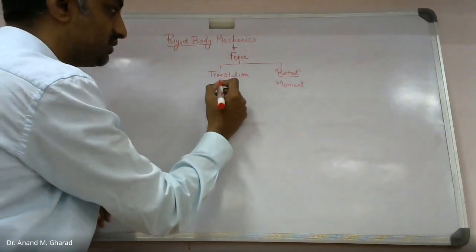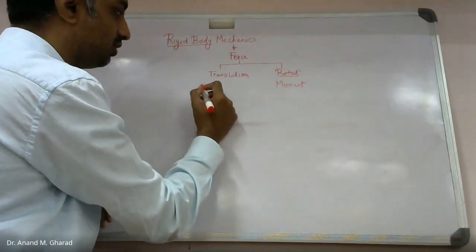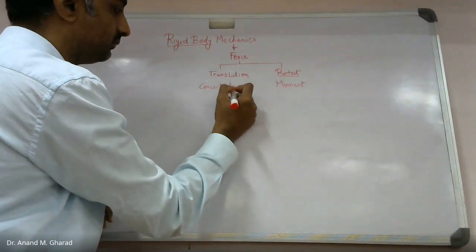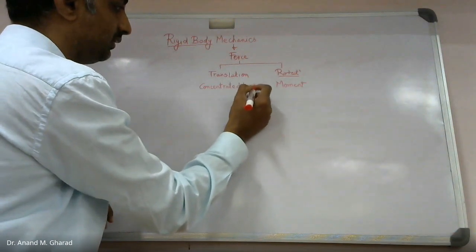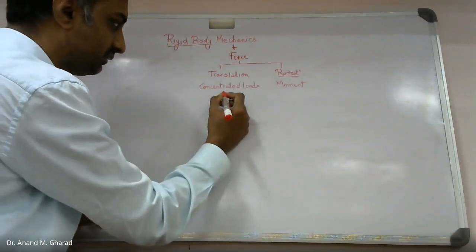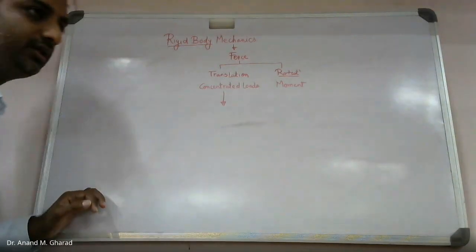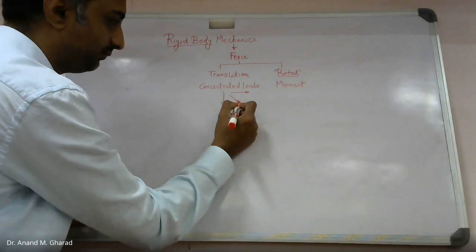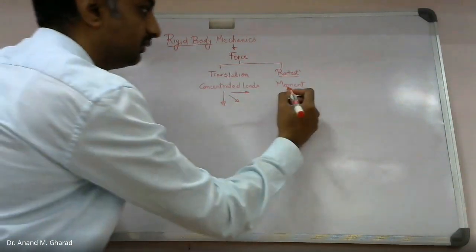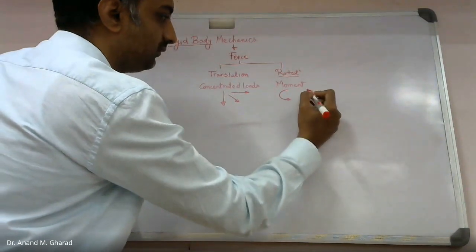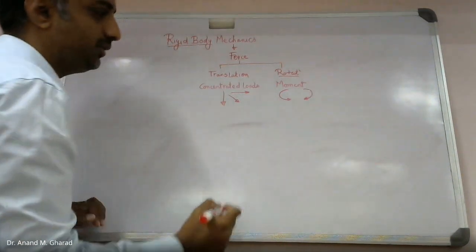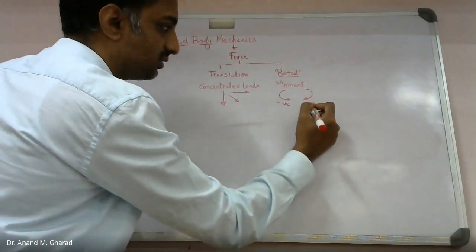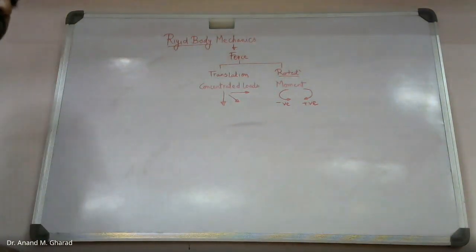For translation, we have seen the example of concentrated loads. How are these concentrated loads represented? They are represented with the help of an arrow. So a concentrated load may be like this, or like this. Moment may be like this, or like this. That means we have considered anti-clockwise to be negative and clockwise rotation or moment to be positive.